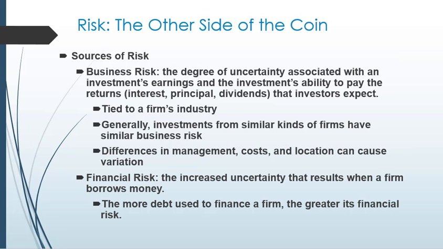So what are some of the sources of risk? I'm not going to go through each and every single one of these, but all of these elements, if you will, come together to form the quantifiable value of risk in an investment or a financial decision.